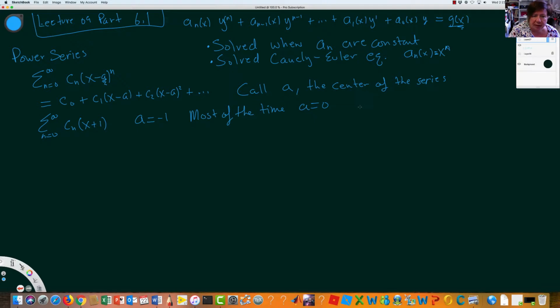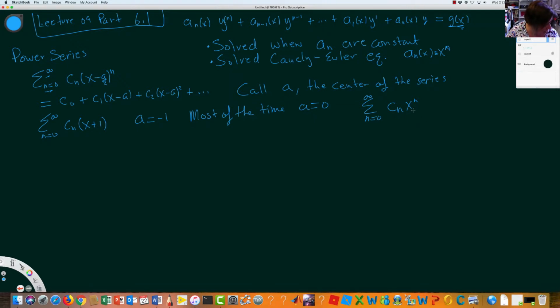That looks like this: the sum from n equals 0 to infinity. Sometimes I'll write the limits here, and sometimes under the sum sign; it doesn't really matter. You have c_n x to the n. That's an a equals 0 power series, and we'll deal with that more than anything with a different center. We call that a power series in x, because it's not centered at any point but 0.